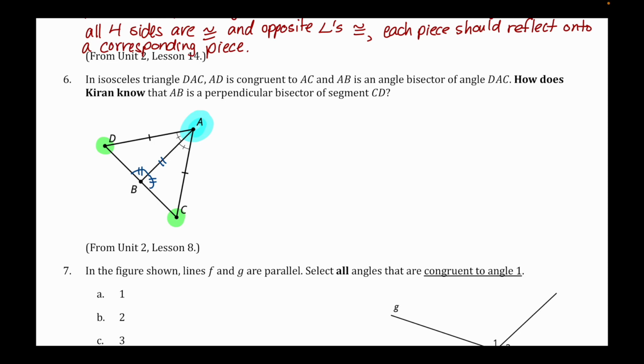So we can say, perpendicular bisector theorem.